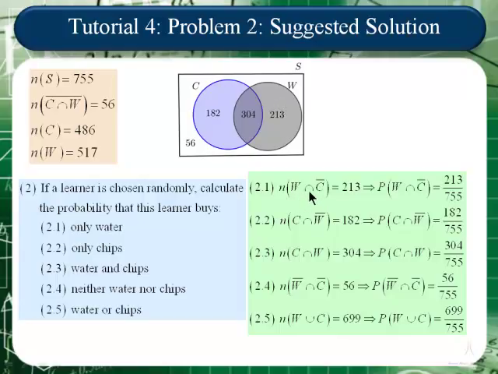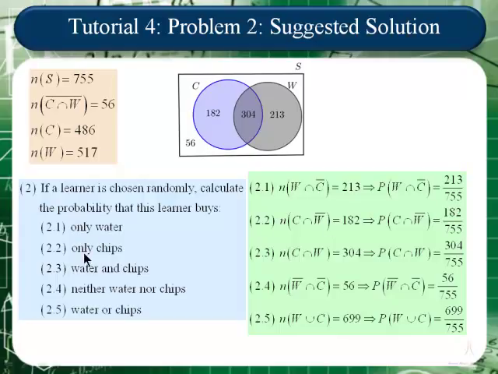So it is water but not chips. So the cardinal number of that area is 213. So the probability, of course, is the cardinal number of that particular event divided by the cardinal number of the sample space, which is 755. So the probability that such a learner will buy water only is 213 over 755.